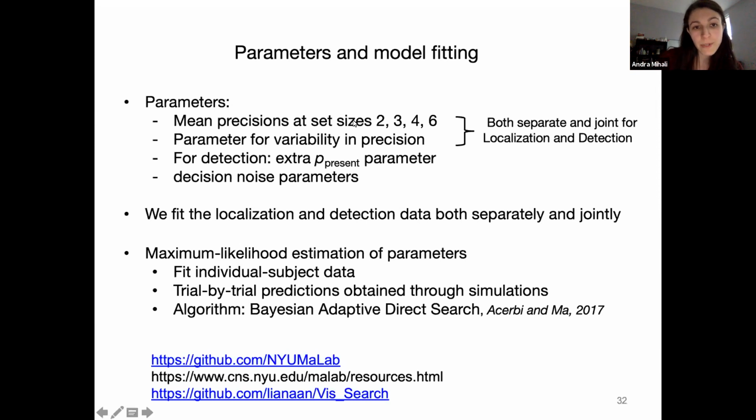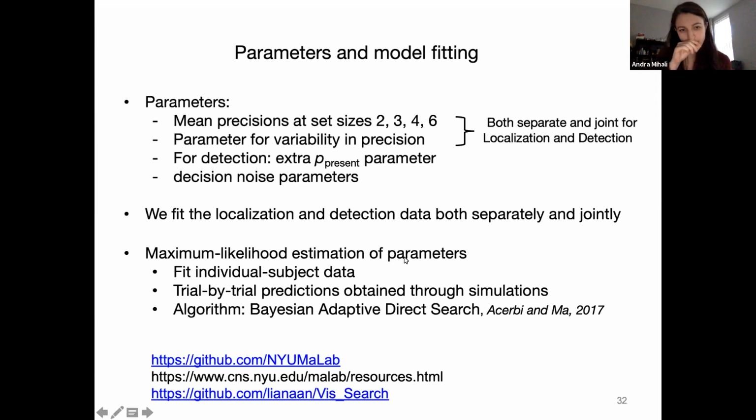These mean precisions and the parameter of variability in precision are important because we treat them as separate parameters for localization and detection, as well as joint. The joint version would assume that these early stages are shared between localization and detection, and so are the parameters. So we fit the localization and detection data both separately and jointly. We do maximum likelihood estimation of the parameters.